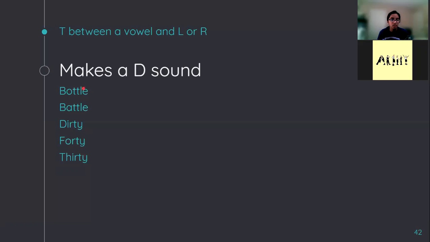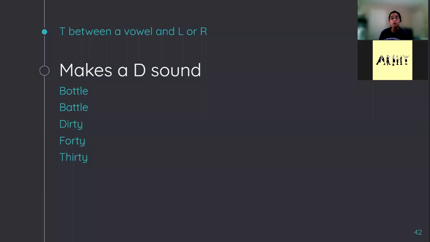Bottle is surrounded by L and an O, but since there's an L after the T, right here, B-O-T-T-L-E, the 2 T's are going to make a D sound because there's an L after the T's. Bottle. Can everyone repeat that? Bottle. Correct.